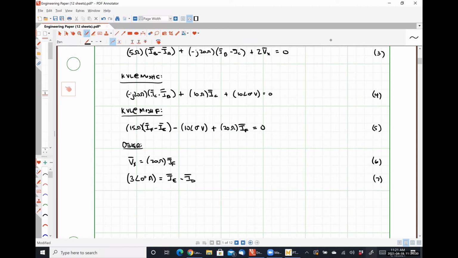So instead of taking an entirely separate step to do it, let's just throw it in there as well. All right, so we have our multitude of equations, 8 equations for 8 unknowns.